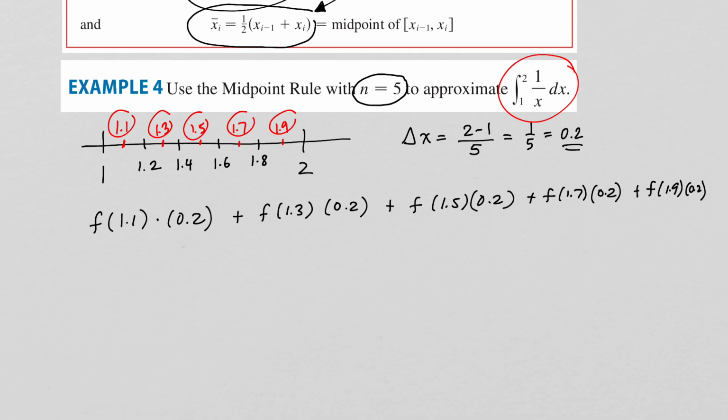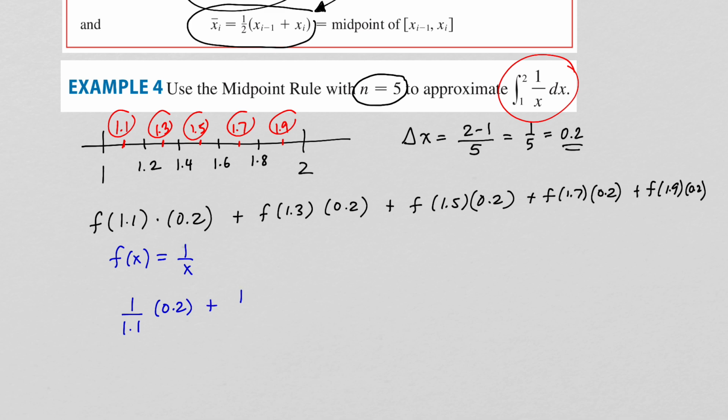Anyway, from that point, you would plug all these numbers into your function. Your function is f of x equals 1 over x. So f of 1.1 would be 1 over 1.1, and then we're going to multiply that by 0.2.